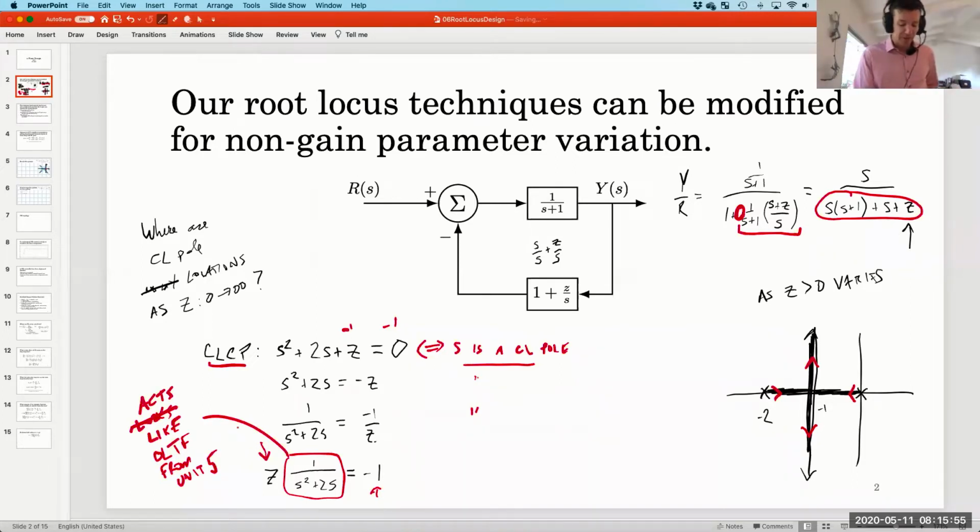Which means that the poles of this transfer function are where the closed loop poles are when z is small, and the zeros, if it had any, would be where the closed loop poles go when z is large. And everything else we've learned about root locus we can get by treating this boxed function like the open loop transfer function.